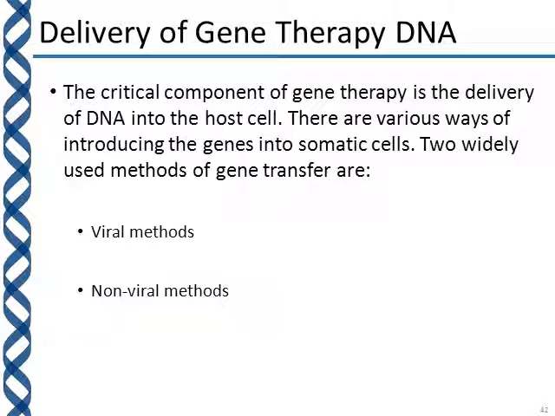So the critical component of gene therapy is the delivery of DNA into the host cell. There are various ways of introducing these genes into somatic cells. Two widely used methods of gene transfer are viral methods and non-viral methods.